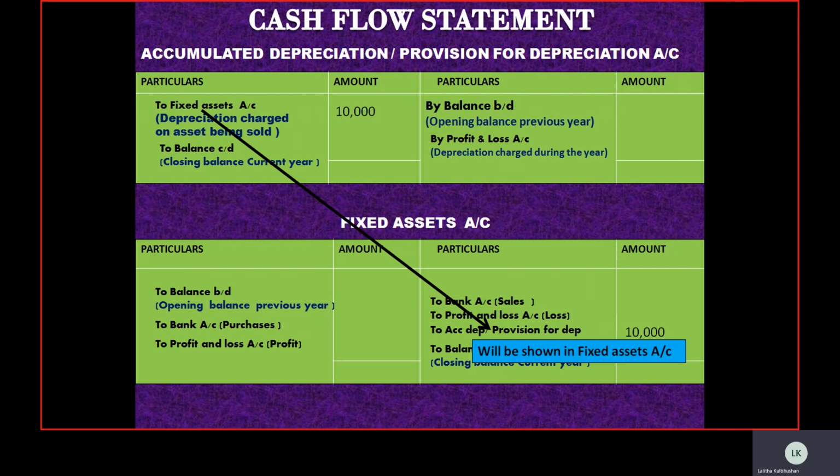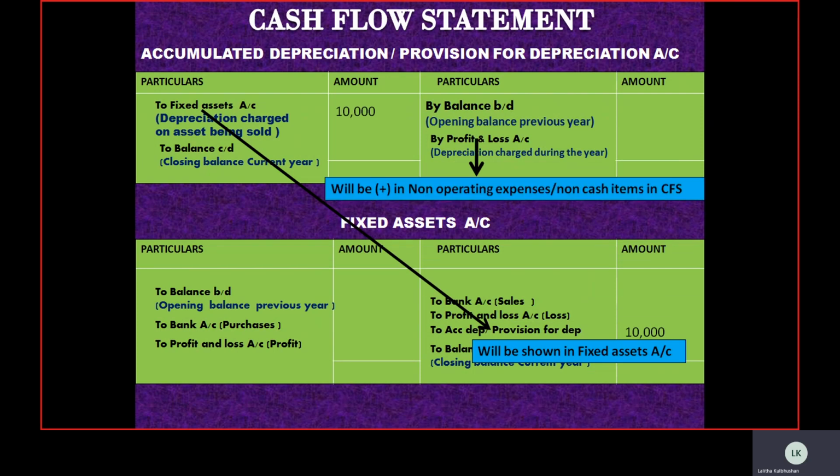Now the next thing here, you can see, is the profit and loss account which is being given here. This profit and loss account's value will be shown in the CFS, which stands for cash flow statement. It will be shown in the cash flow statement in operating activities under the heading plus non-operating expenses / non-cash items. So children, there may be a confusion.